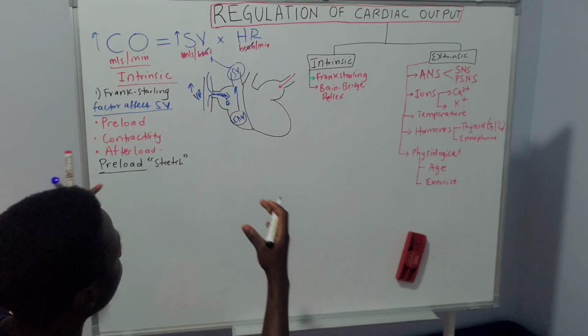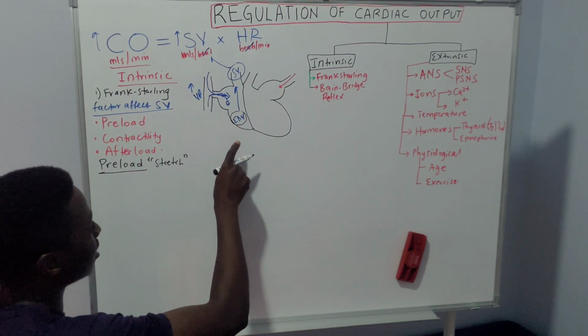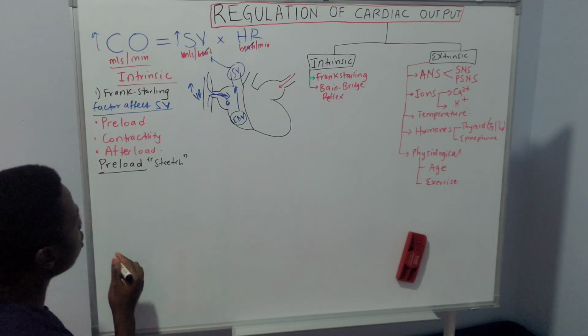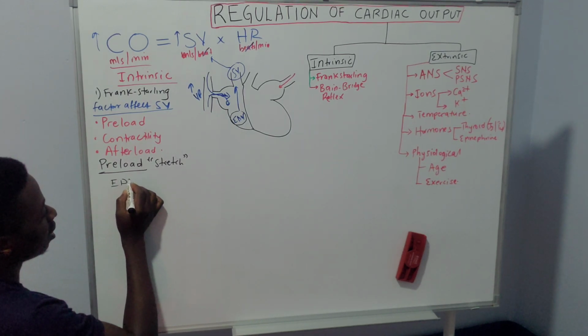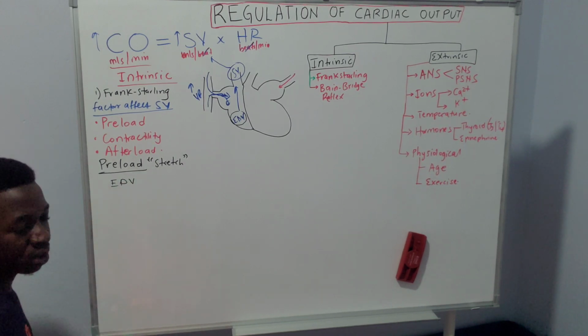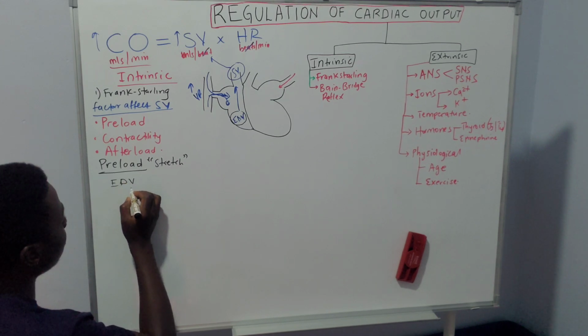So preload is a stretch that is exerted by changes in the volume, especially the end diastolic volume, implying that the end diastolic volume is the biggest determinant of the preload. This can be affected by several things.